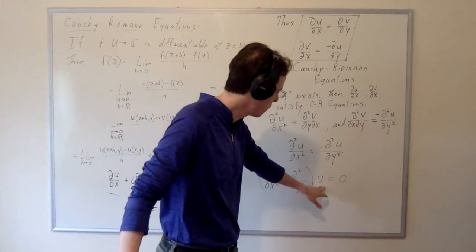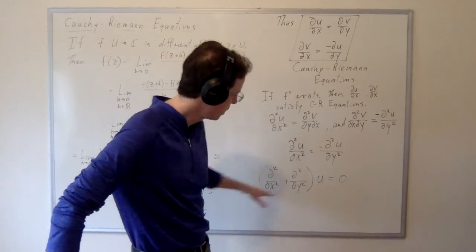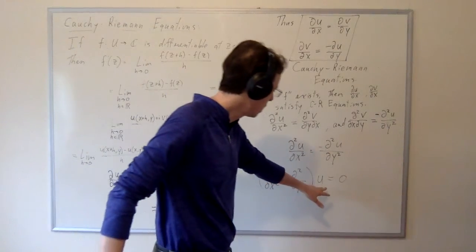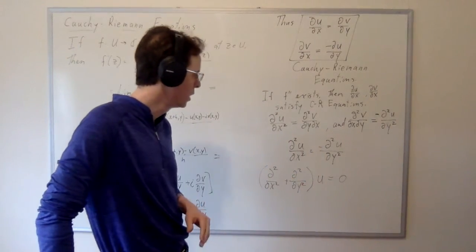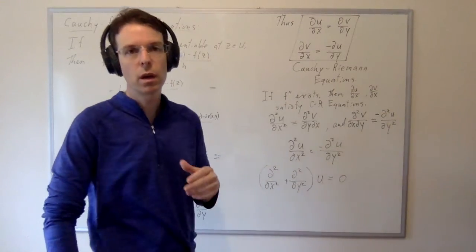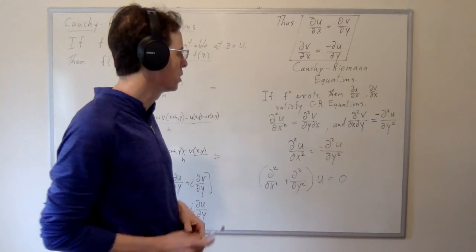And we have a name for functions of two variables that obey this operator, that obey this equation. We call them harmonic. So this demonstrates that the real part of a complex function is a real valued function which is harmonic, and the imaginary part of the complex function is also a real function which is also harmonic.